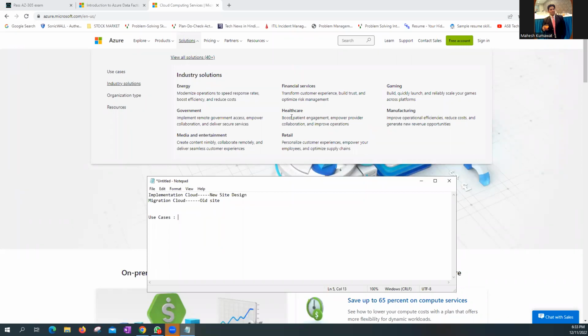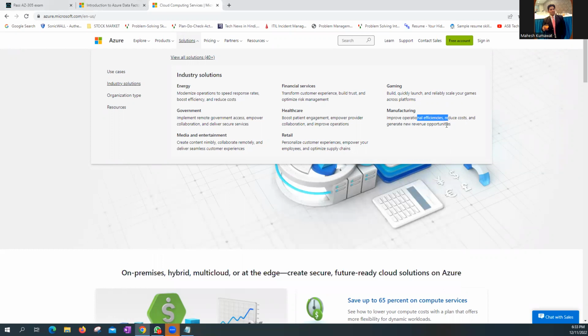Suppose we have MRI images, different images being opened, and different types of data should be available. So there are different strategies for healthcare industries. Retail industries have different strategies, like supply chain. Manufacturing has efficiencies and cost reduction parameters.